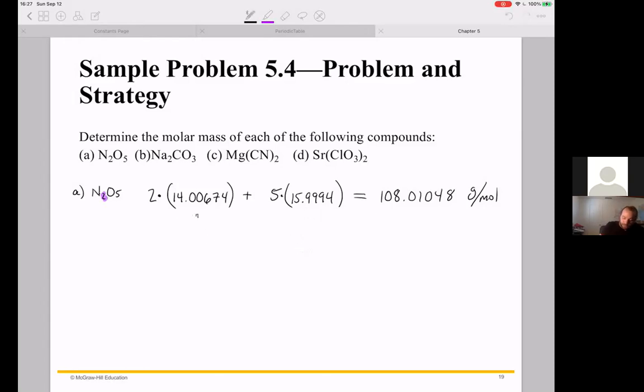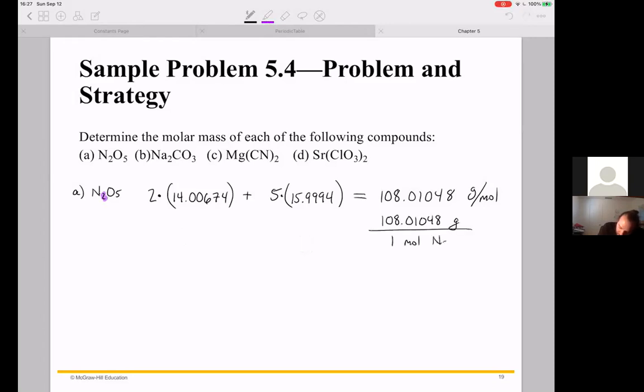Okay, and again, just to point out, this would be a term that I would use to go from grams of, what is this, dinitrogen pentaoxide to moles or vice versa, right? So if I wanted to use this term that I just calculated in an equation in stoichiometry, I would convert it to the form 108.01048 grams over 1 mole.